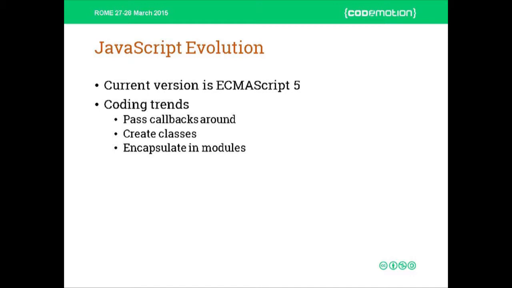So the current version of JavaScript is so-called ECMAScript 5. And when we write JavaScript, we are used to passing a lot of callbacks, because we want our components to be decoupled. And how do we decouple them? Well, we give them callbacks instead of hard references. We create the so-called classes.